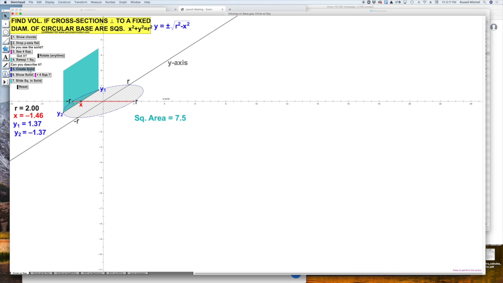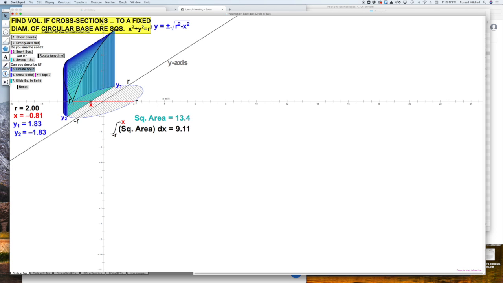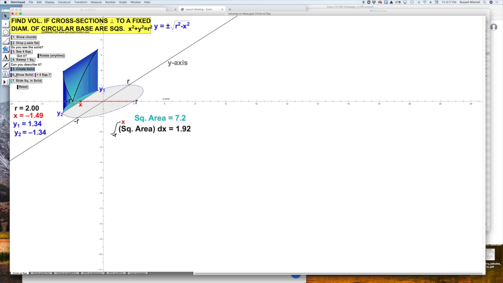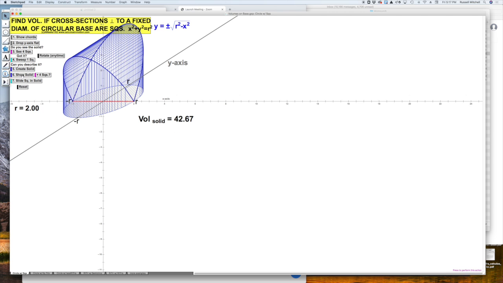All right, so now let me show you the solid. This is the solid that's created. It's kind of funky. And right over here, it's going to come down to a point because the square becomes a point, okay? So this is what the solid looks like. Okay, here's what 4 squares look like.